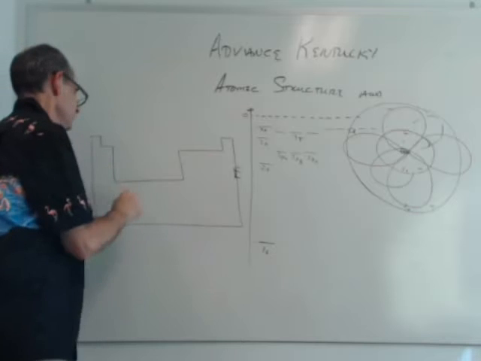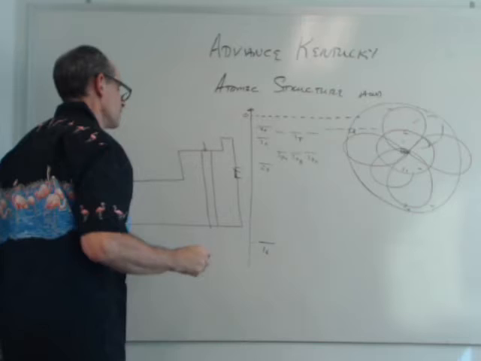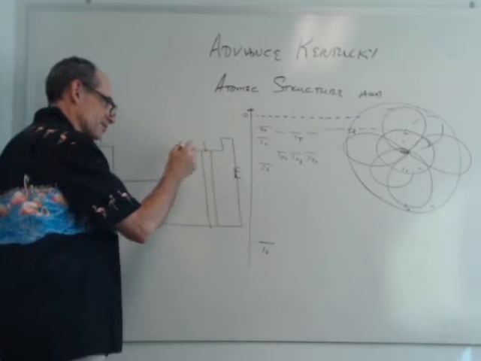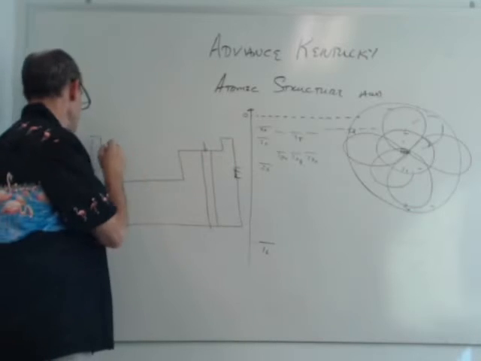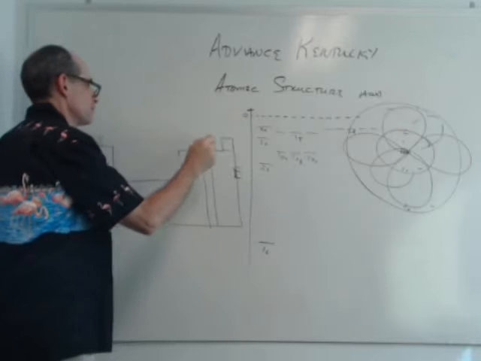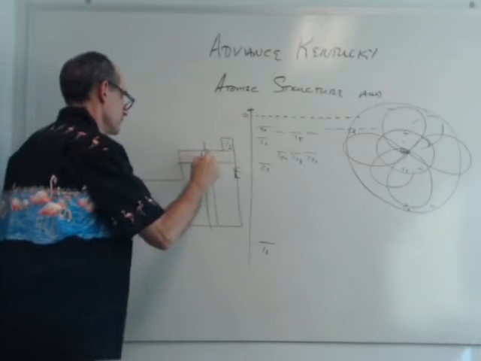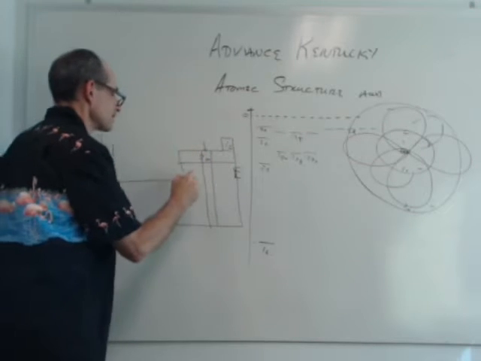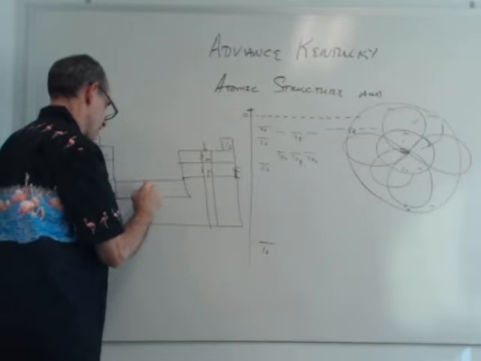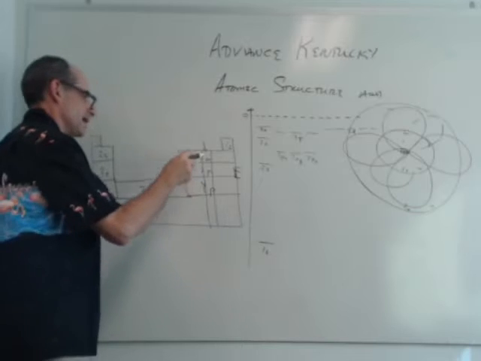We know the elements in a particular column have similar chemical properties, and those properties repeat because as we go across, we fill up the first level with a 1s orbital, and then 2s, and then 2p, and then 3s, and then 3p, and then 4s, and 3d, and 4p, and so forth.